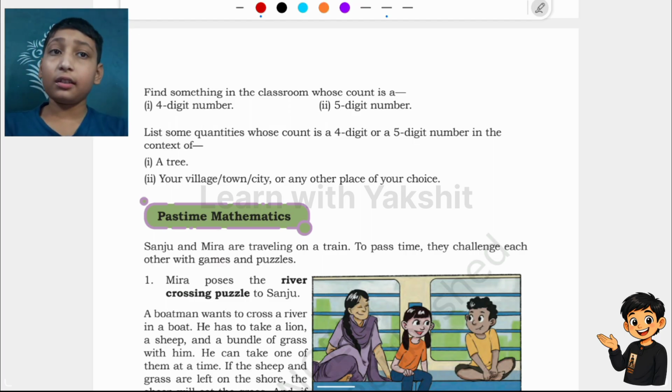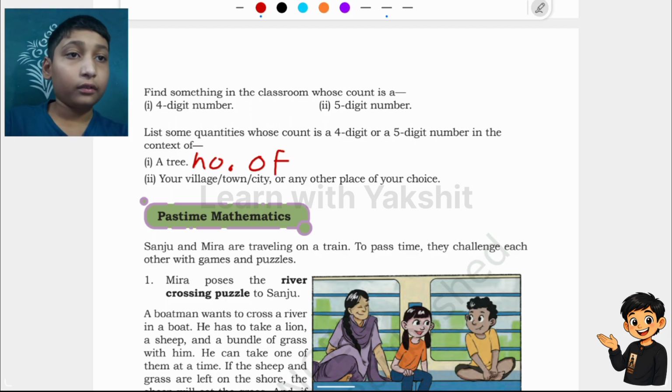In a tree, that could be the number of some leaves.